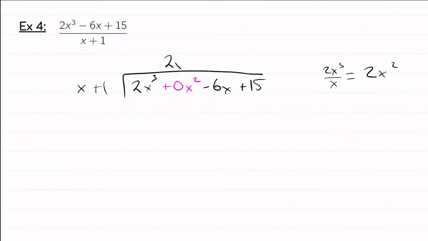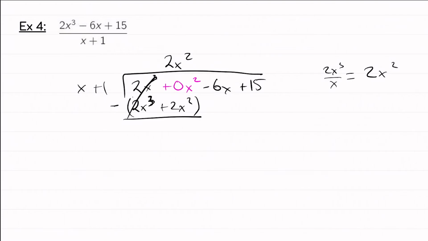So I'll write 2x squared up here. Go back and multiply. 2x squared times x gives us 2x cubed. 2x squared times the 1 here is going to give us just 2x squared. And then I like to put it in parentheses to remind ourselves that I'm subtracting. So 2x cubed minus 2x cubed would cancel each other out.